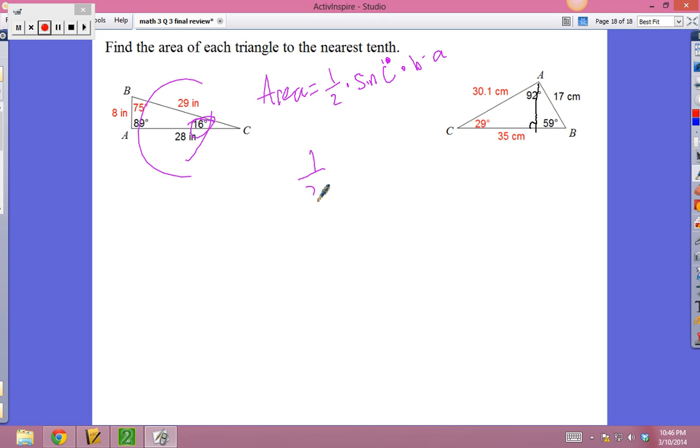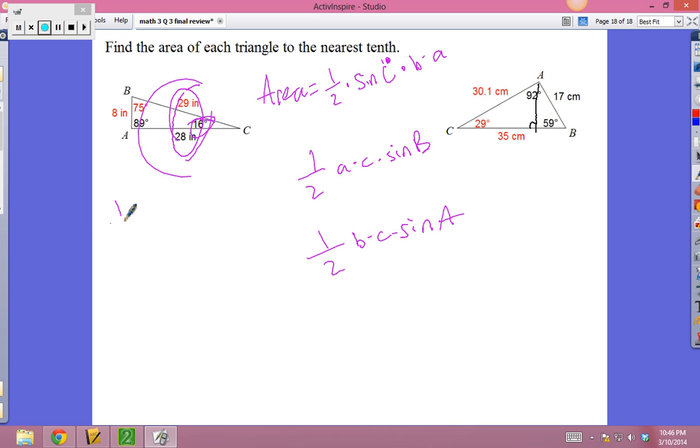Or you could do 1/2 times a little a and a little c, but then you've got to do the sine of angle B. Or 1/2 of the little b times the little c, but then you would have to do the sine of angle A. So you must use one of each. And as long as you use the adjacent sides, you're in good shape. So each of these 3 will give you the same answer.